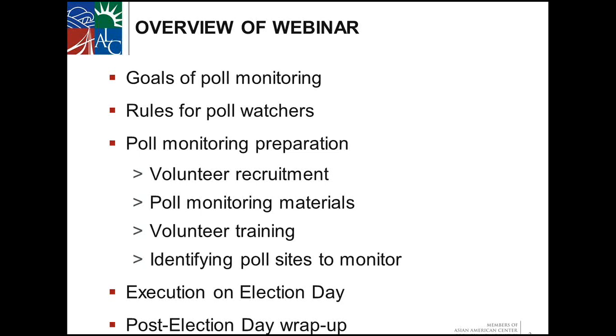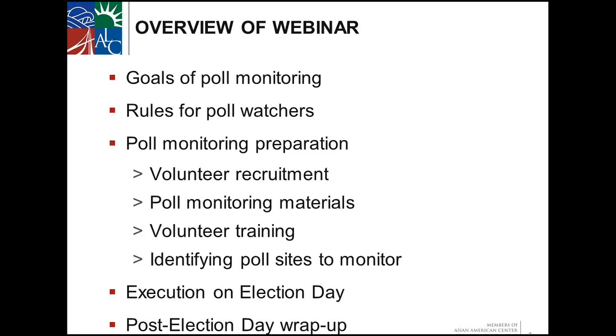And then we'll explain the kind of preparation that you should consider while you're getting prepared for your poll monitoring operation. This will include recruiting volunteers, preparing poll monitoring materials, once you've recruited those volunteers, setting up trainings and what those trainings might look like, and then identifying poll sites to target for your monitoring operations on Election Day.